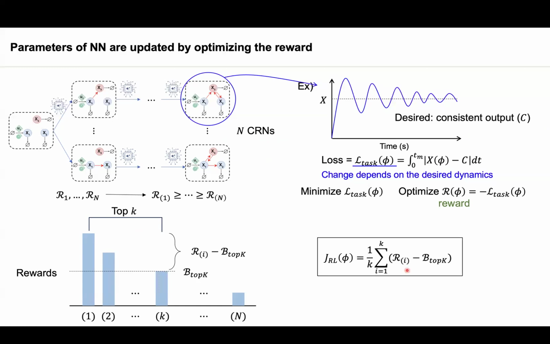We can add reactions to generate the desired dynamics. So this MLP function determines when to end this adding. The number of steps is predetermined by the user and fixed.